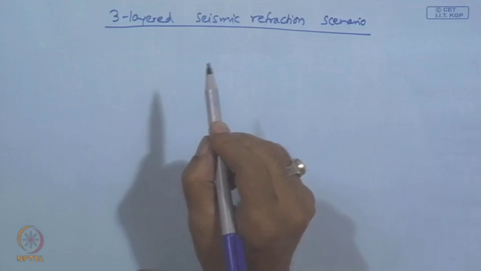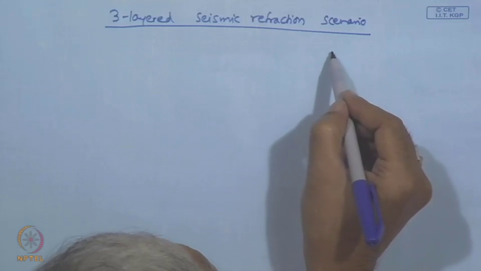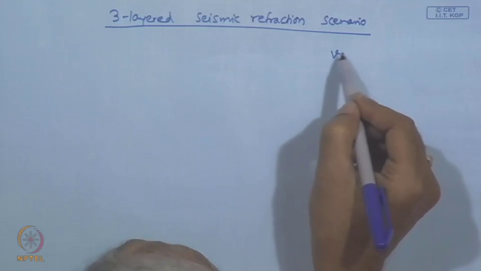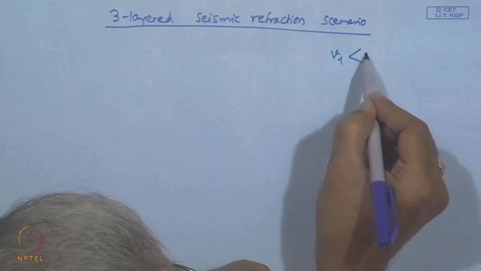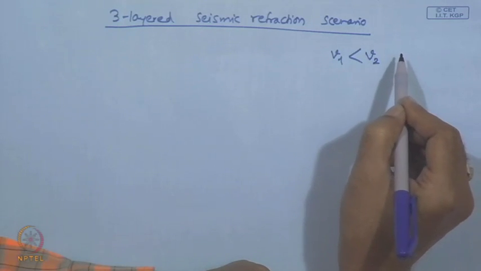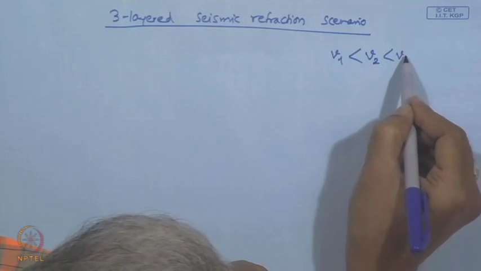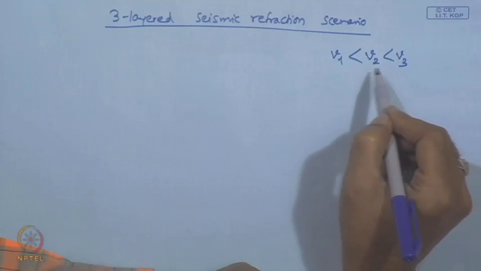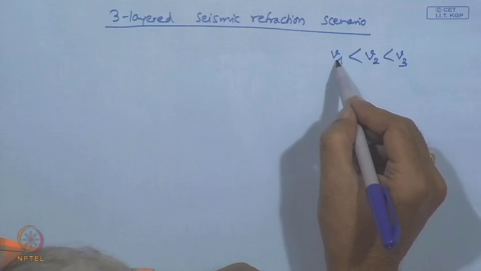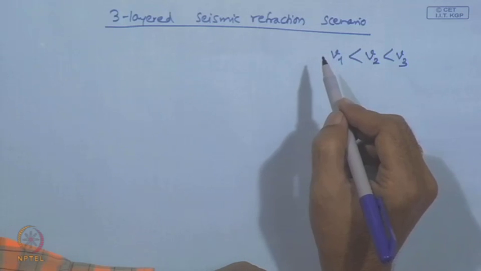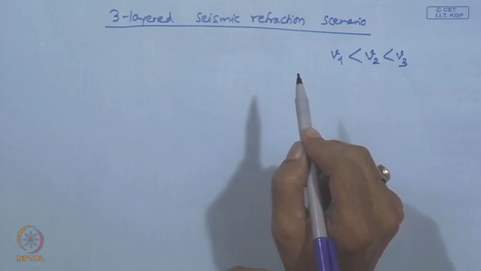In which the velocity through the top layer, as well as the second layer and the third layer, are gradually increasing.